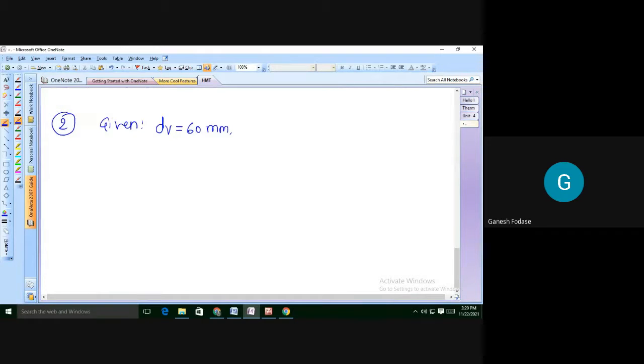Next, to blow up at a pressure of 1.2 MPa. So maximum pressure is given: P max is equal to 1.2 Newton per mm square. Next, it is held by a closed coil spring. Then the maximum lift of the valve is given, so delta 1 is equal to 10 mm.